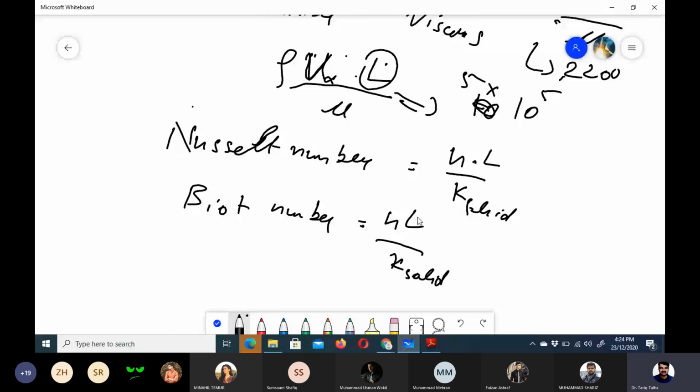So in the Nusselt number we have the thermal conductivity of the fluid, and in the Biot number we have the thermal conductivity of the solid.